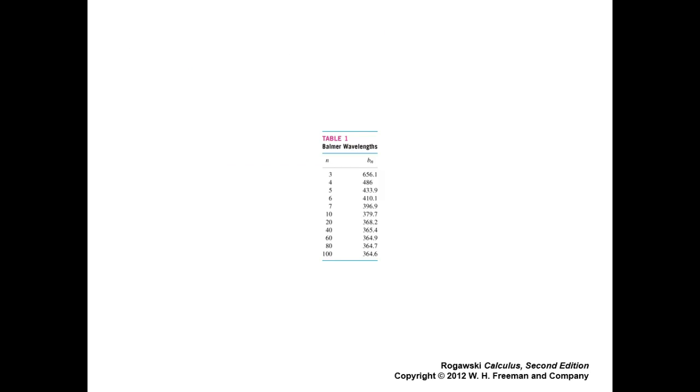Here's what the Balmer wavelengths are. Calculate the limit of the Balmer wavelengths where B sub n, I wonder where the B came from, okay, never mind, Balmer, is equal to, nice round number, 364.5 n squared over n squared minus 4.